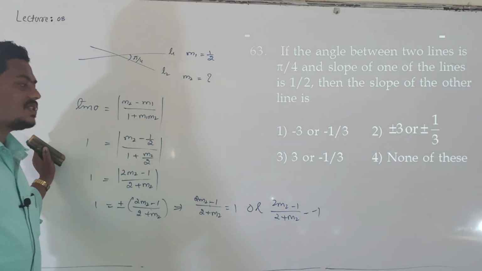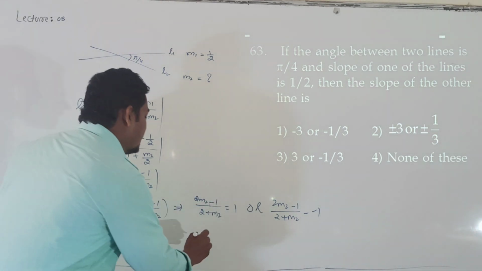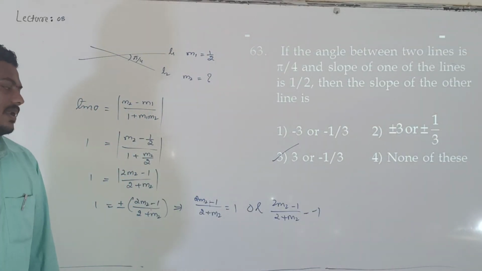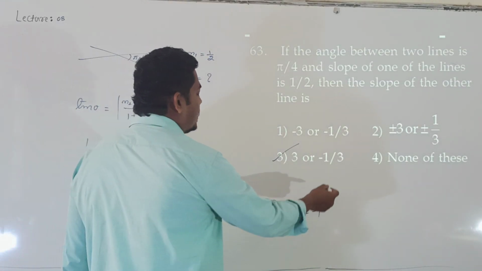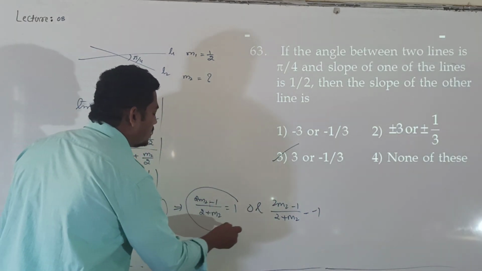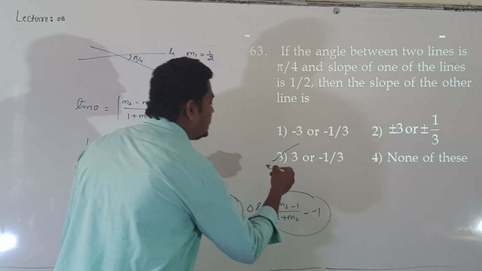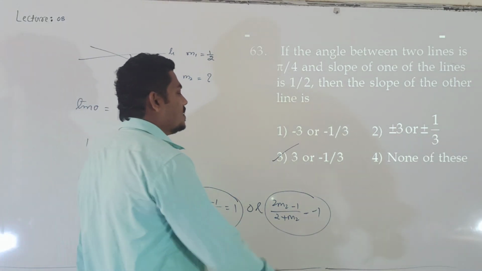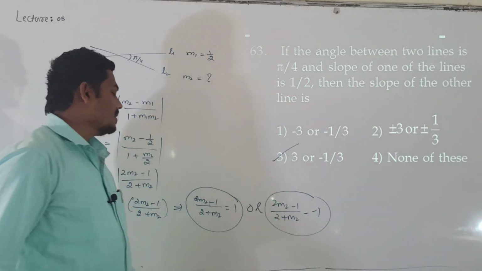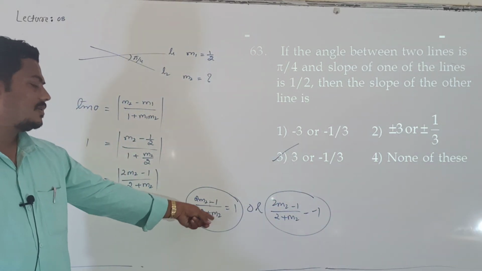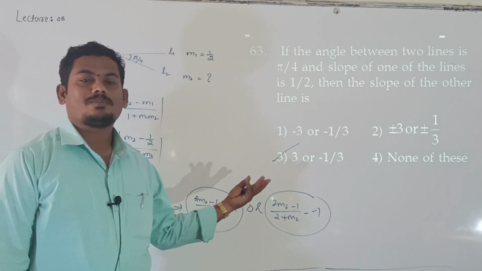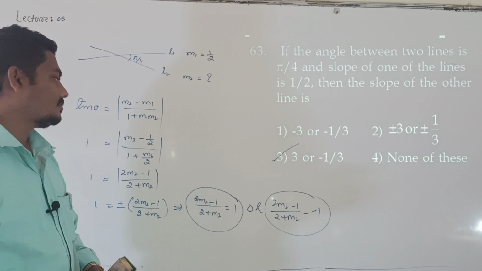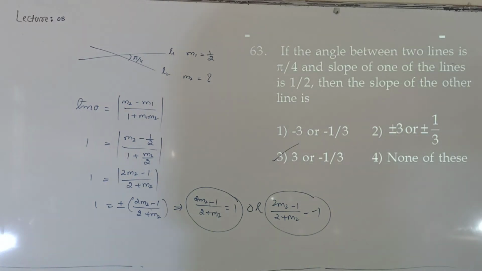Plus or minus 1 means consider one positive sign and one negative sign. If you simplify these two, there are two possibilities: m2 is equal to 3 or m2 is equal to minus 1 by 3. Just simplify with cross multiplication and rearrangement, and you will get the m2 values in both cases, 3 or minus 1 by 3. Next question.